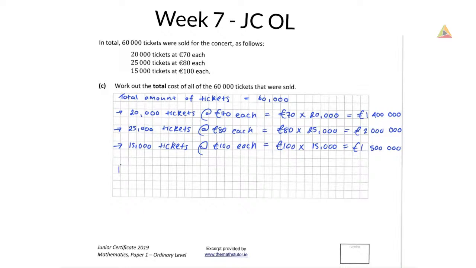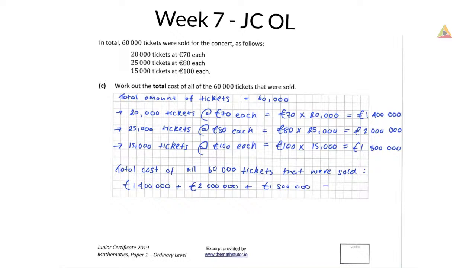So the total cost of all 60,000 tickets that were sold is going to be 1,400,000 plus 2 million plus 1,500,000. So you can plug that directly into the calculator, and when you do that, you're going to get 4,900,000.